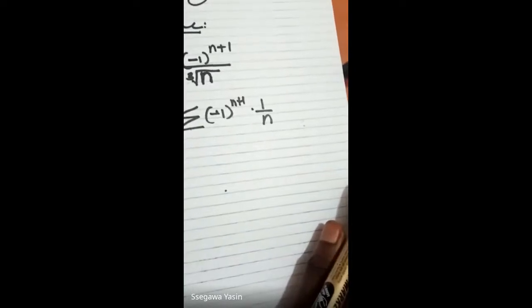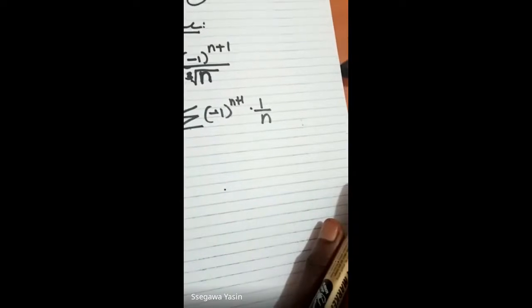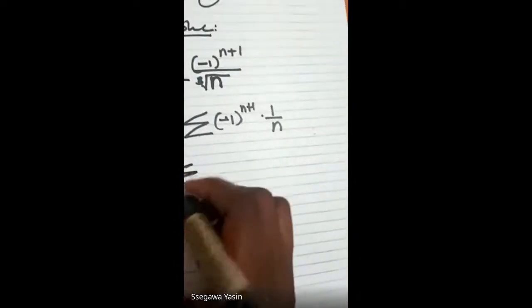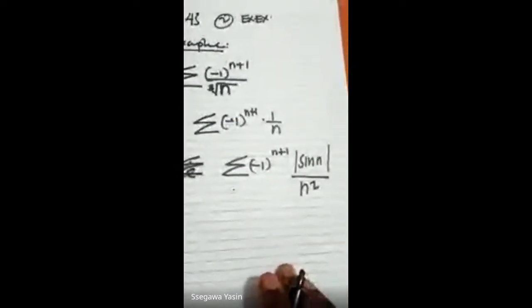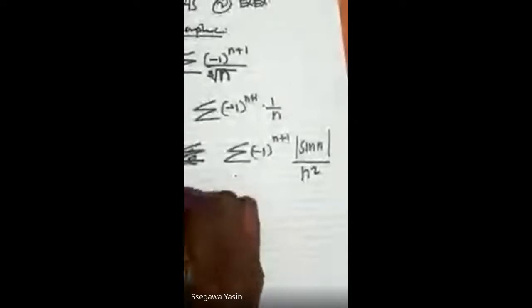Because people said they want a hard one, let me give you a hard one. This is sin n, number 2, number 4.